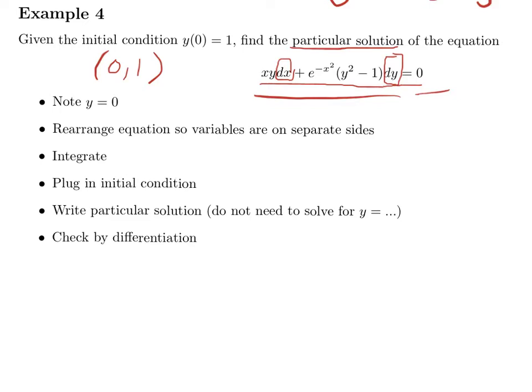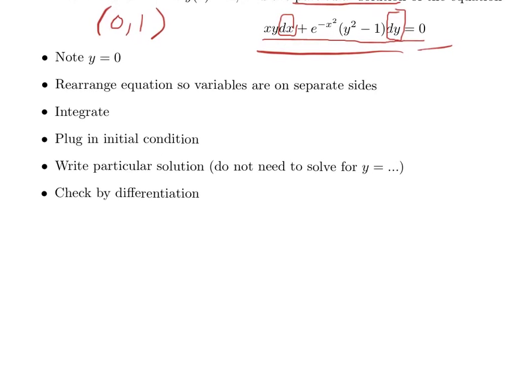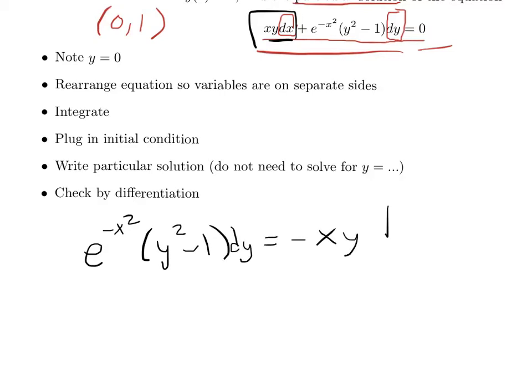First thing we want to do is rearrange things so that we have the variables on separate sides. I'm going to take the dx term and move it to the other side. So e to the negative x squared, times y squared minus 1, dy equals negative xy dx. Now that I have the dy and the dx on separate sides, what terms on the right side need to move to the left?